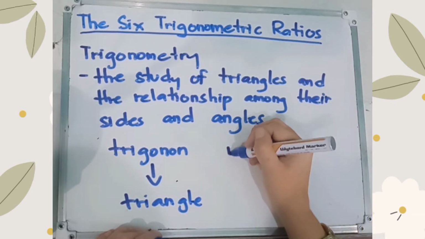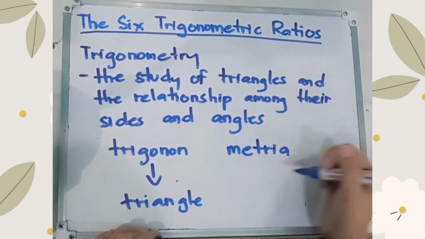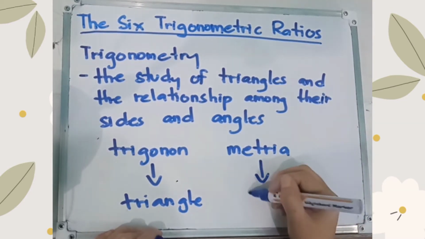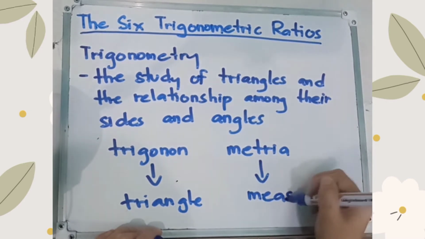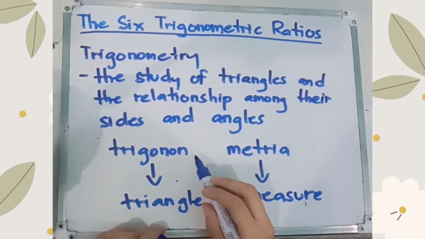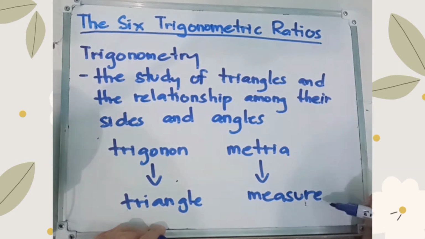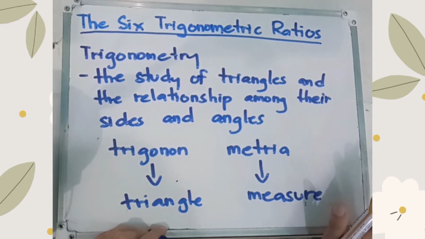And the second word is metria, which means measure. So again, trigonometry is derived from two Greek words, trigonon, which means triangle, and metria, which means measure. Therefore, trigonometry basically deals with triangle measurement.